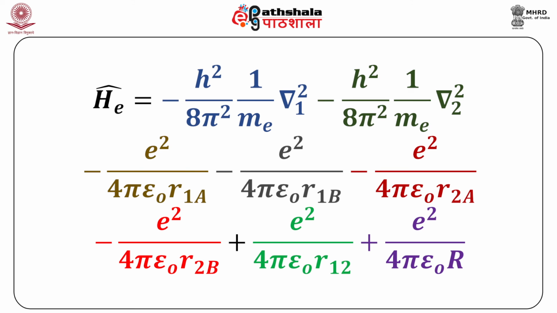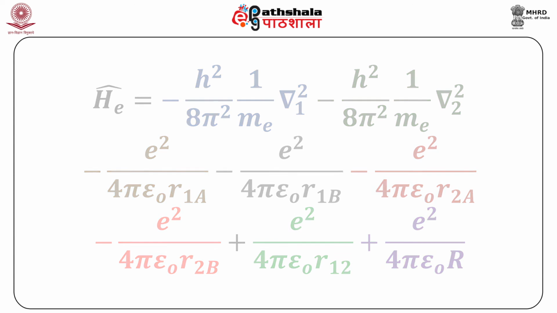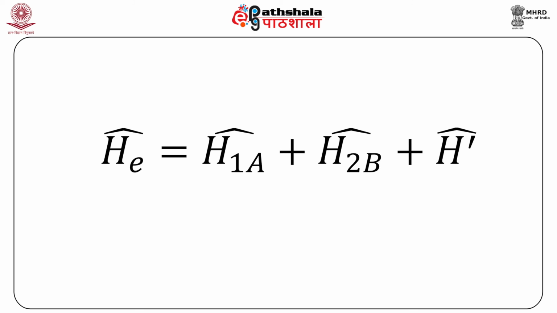Now this electronic Hamiltonian, which consists of two kinetic energy terms, four negative terms which represent the electrostatic attraction between the electron and the nuclei, and the two repulsion terms, can be rewritten as He cap equals H1A cap plus H2B cap plus H prime cap.